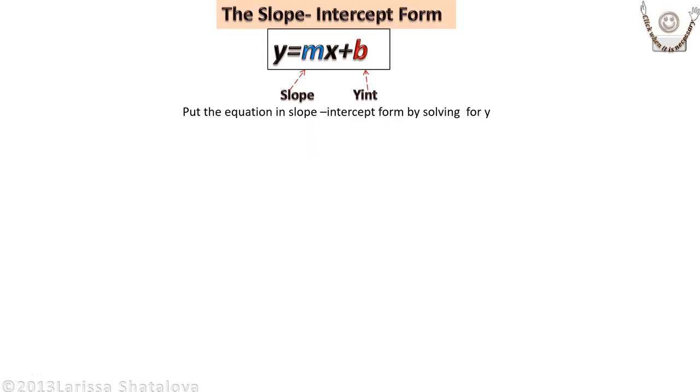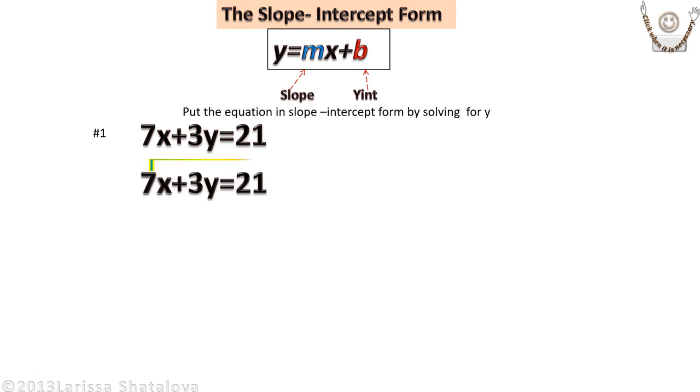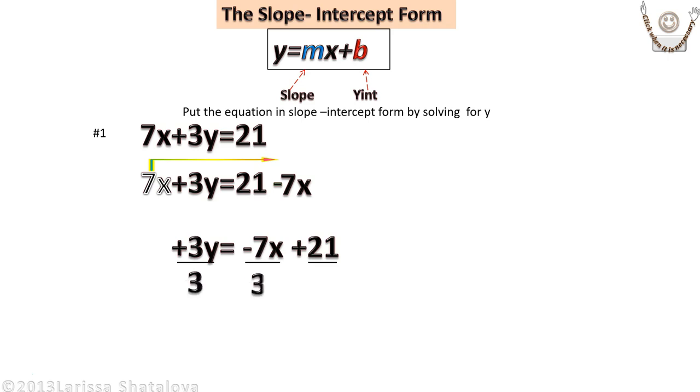Example number 1. +7x and +3y equals 21, and we have a request to put the equation in slope-intercept form by solving for y. How can we do this? We have to move positive 7x from the left to the right. First, don't forget to change sign. Now we have positive 3y, but we just need 1. So we have to divide each piece on both sides by positive 3.